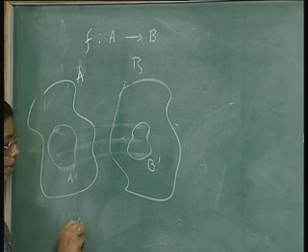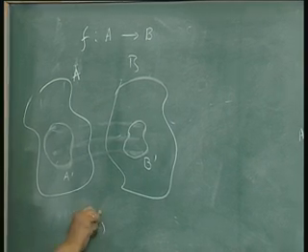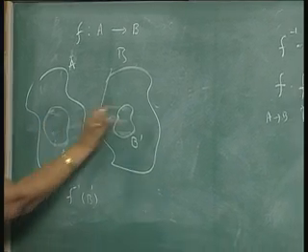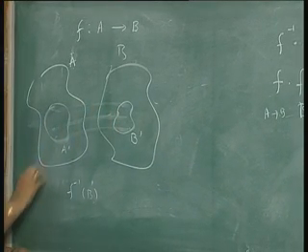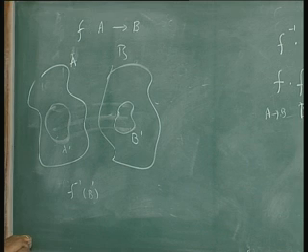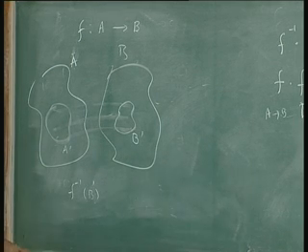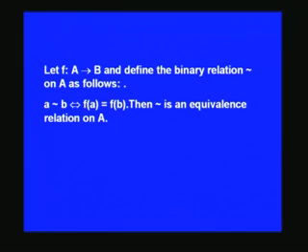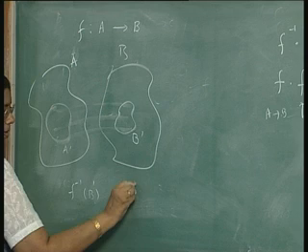Now f inverse of B dash is the set of all elements whose image is in B dash, and such a set A dash is called the pre-image. So it is defined like this: f inverse of B dash is the set of elements x such that f of x belongs to B dash. That is called the pre-image set. A dash is called the pre-image of B dash.